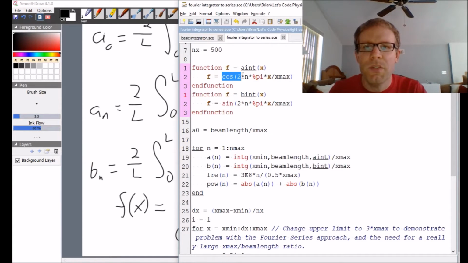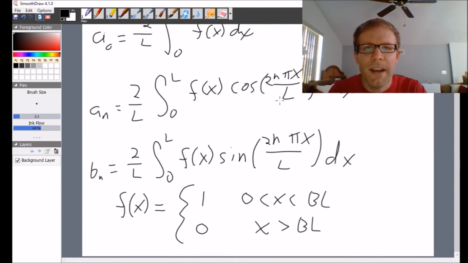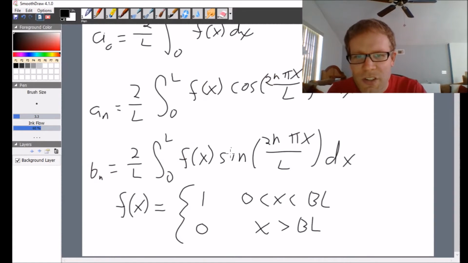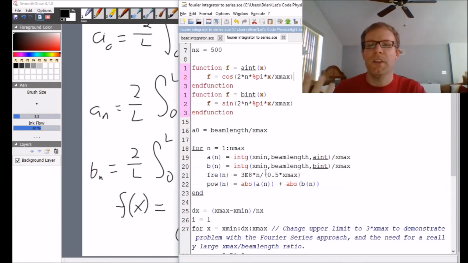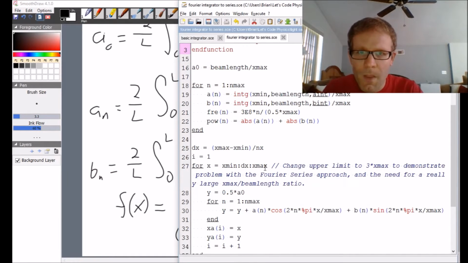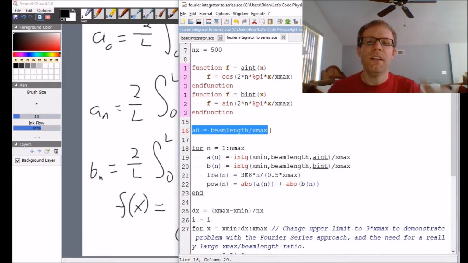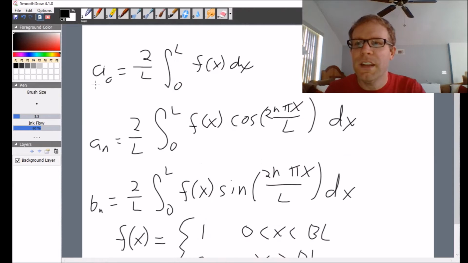So we have a 1 times cosine 2n pi x over L. And we've got the B integral is sine 2n pi x over L. Again, this f is just going to be 1 or 0, so we're really going to integrate to the beam length. Okay, cool. So the A0, the first constant that we're looking at, is given by this integral here.